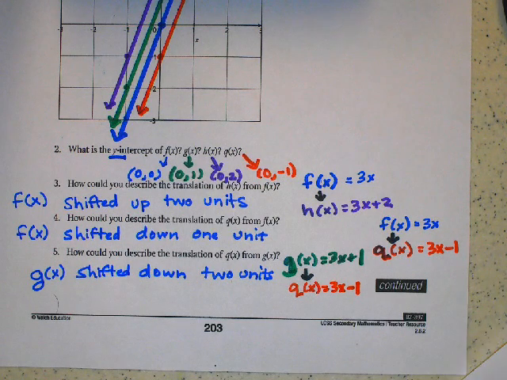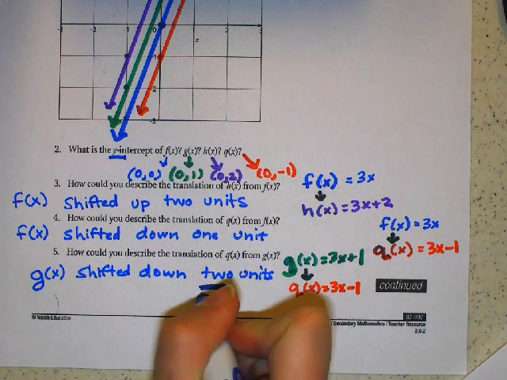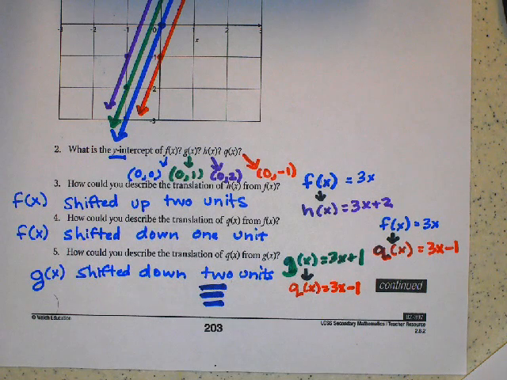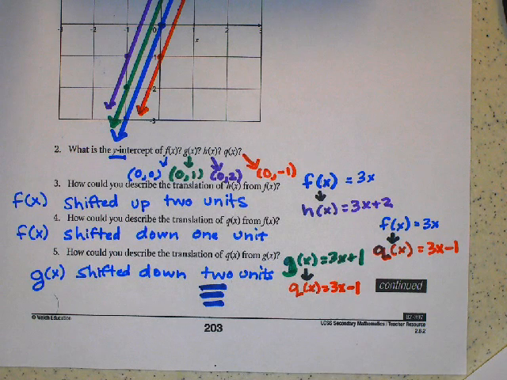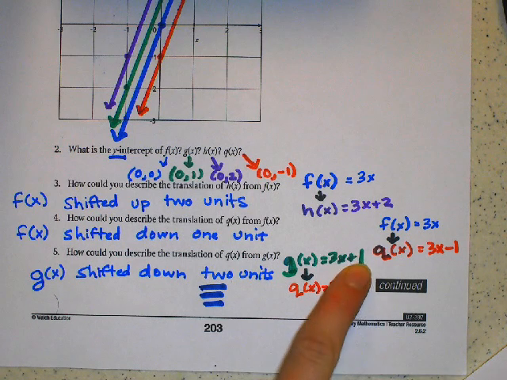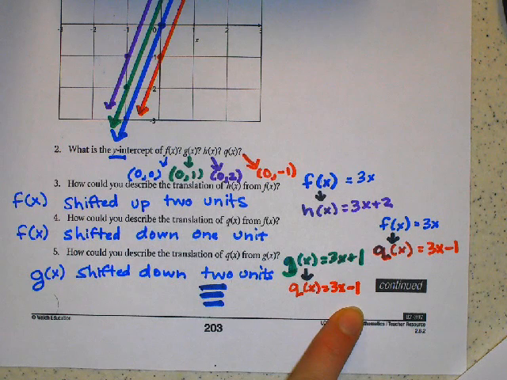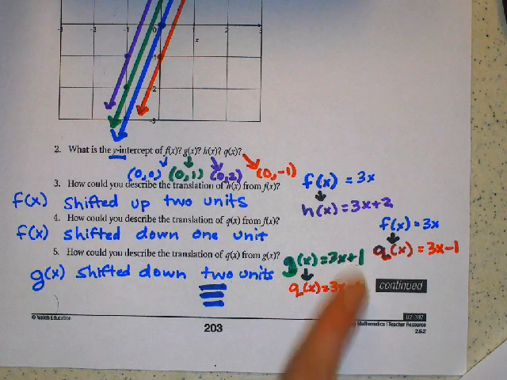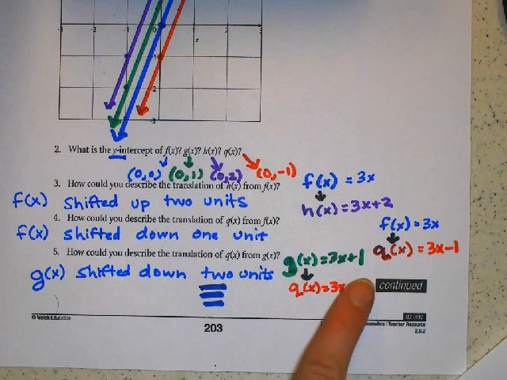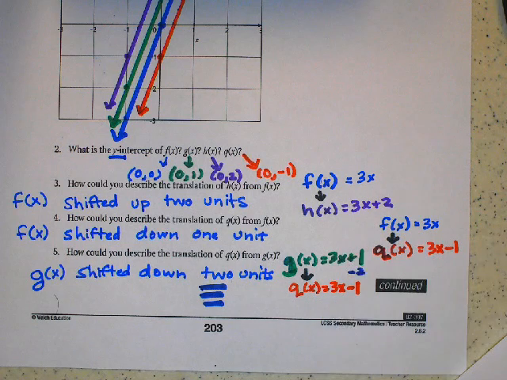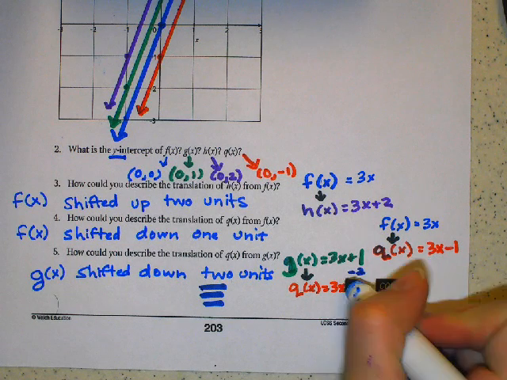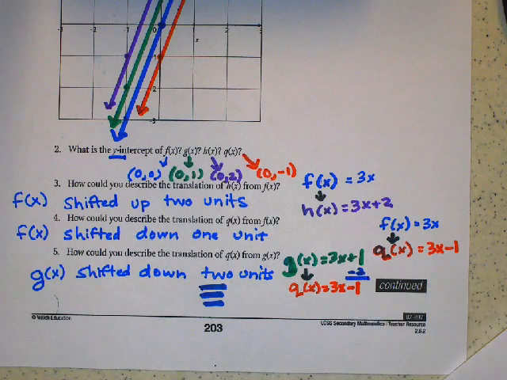And yet, it shifted down 2 units. But there's not a 2 over here. What I want you to notice, though, is this is a plus 1 and this is a minus 1. So the difference to get from plus 1 to minus 1, I'd have to subtract 2. 1 minus 2 would give us negative 1. Interesting, interesting, interesting.